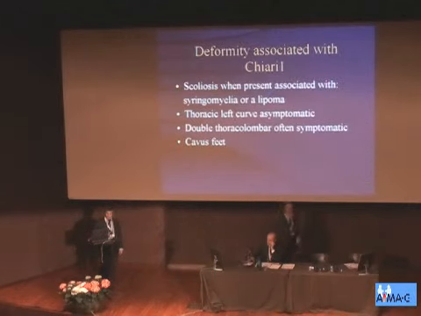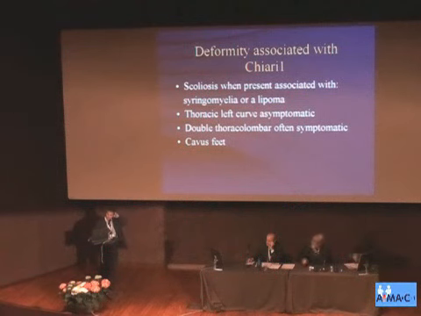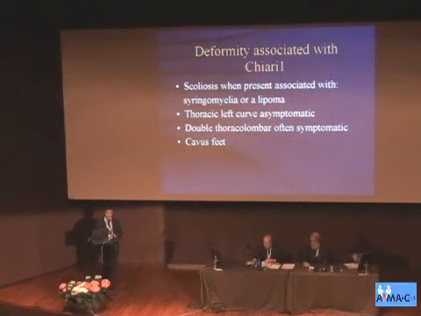This is what we said before, associated with syringomyelia or a lipoma. And what we see from a clinical point of view is that there are atypical classic curves, thoracic left curve, which is high, or double or a triple thoracic curve.